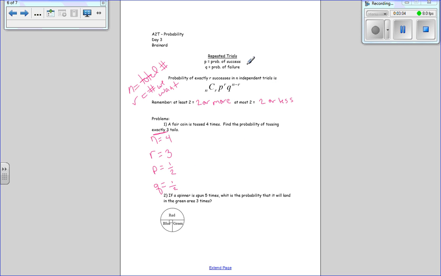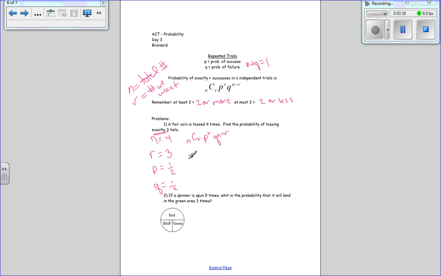So, P plus Q has to be equal to 1. So then we use our formula, NCR, P to the R, Q to the N minus R. You must write this formula down every time you use it in your homework. I want to see it every time, because the more you write it, the better you'll get at remembering it.